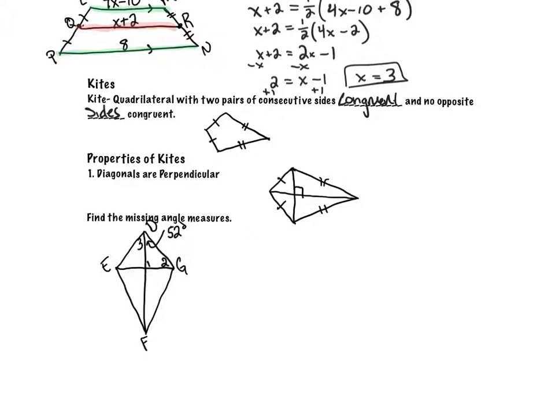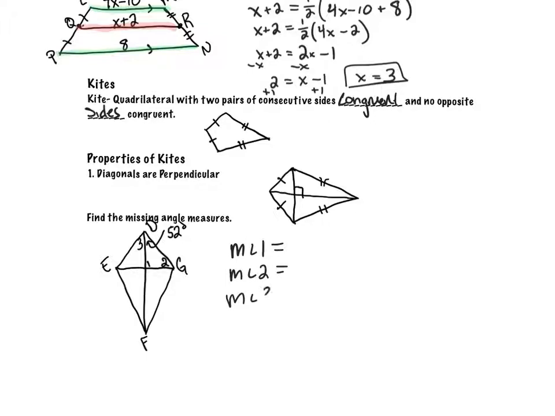There's one property that I look at for kites: once again, I have diagonals that are perpendicular. A lot of times we're finding missing angle measures in a kite. So if I look at this kite EDGF down here, they want to know the measures of these angles.